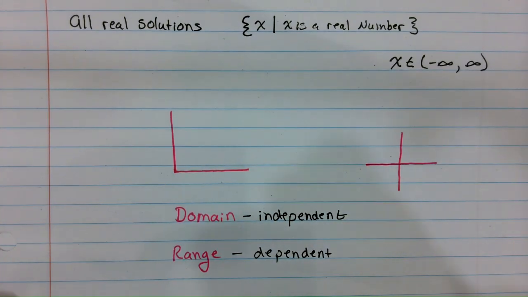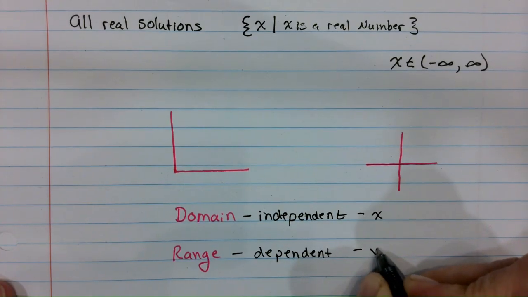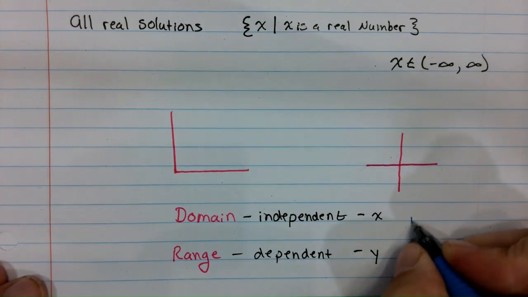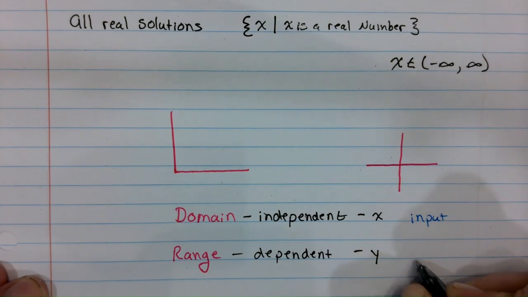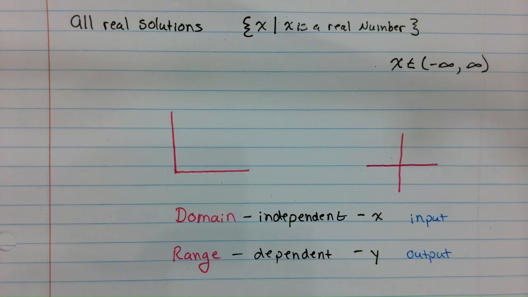And I use the word variable, so the independent variable is your x and the dependent variable is your y. Maybe in junior high class you might have called it your input and your output. All these words are going to be great ways of describing your different parts of your equation.